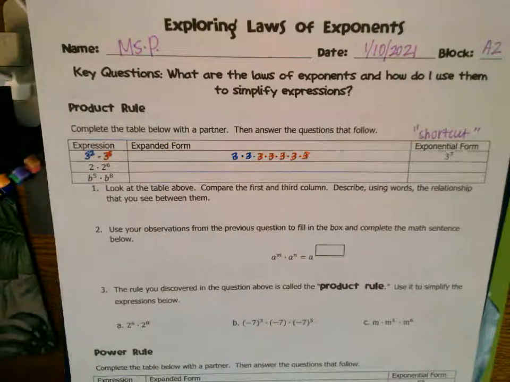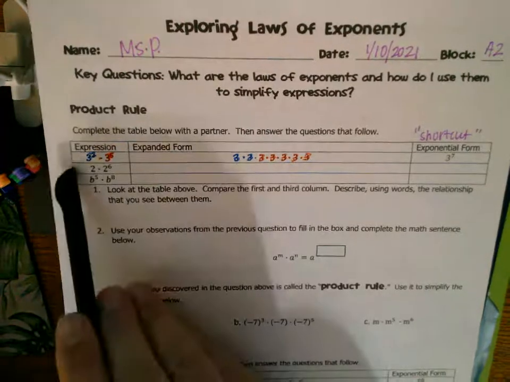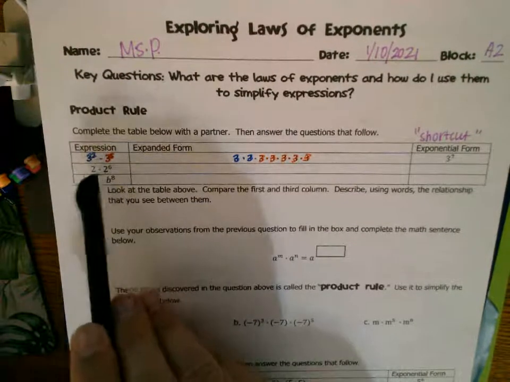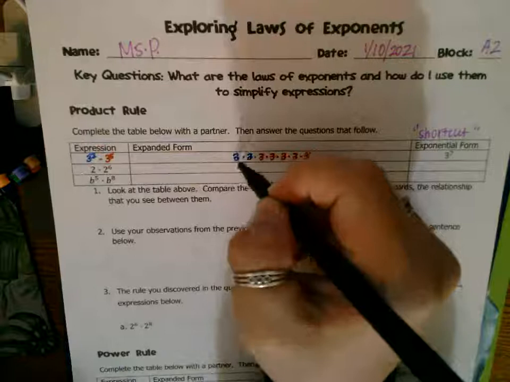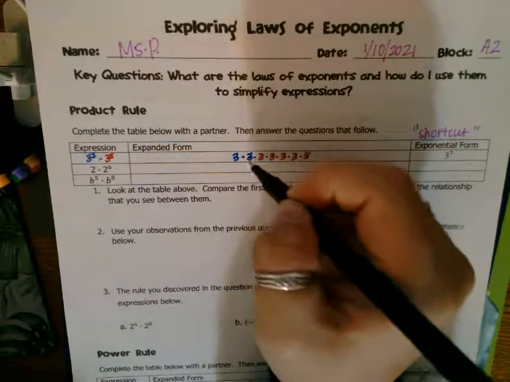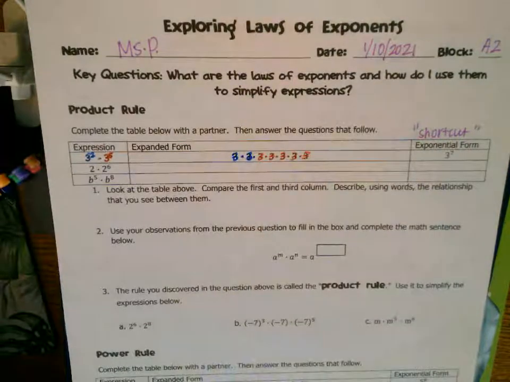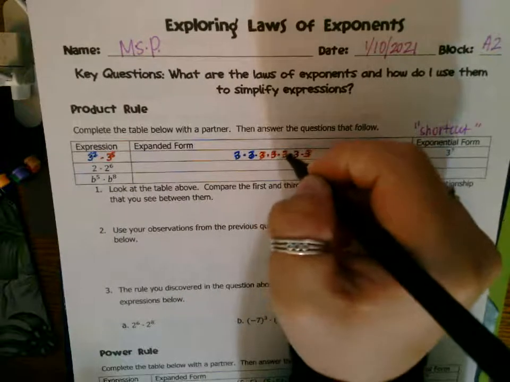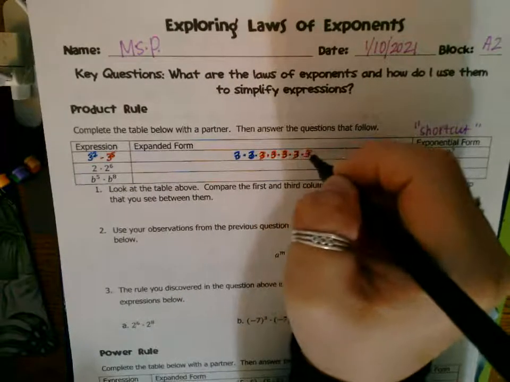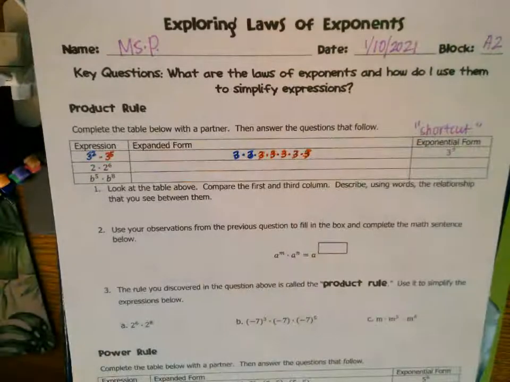So the first example here, and I'm kind of regretting I highlighted these already, it says 3 squared times 3 to the 5th. So 3 to the 2nd power times 3 to the 5th power. And we can see expanded out, we have 3 times 3 written twice in blue because that's 3 to the 2nd power. And then 3 to the 5th written as 3 times 3 times 3 times 3 times 3, written all the way out.